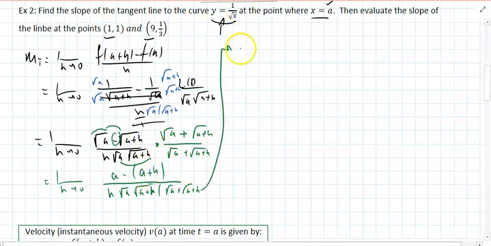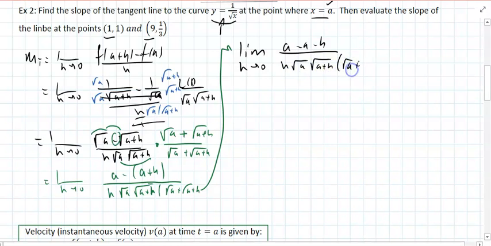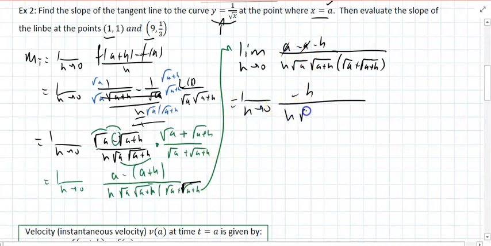So I'm looking at the limit as h approaches 0 of a minus h over all of this mess. Those cancel out. That's the limit as h approaches 0, negative h over h.